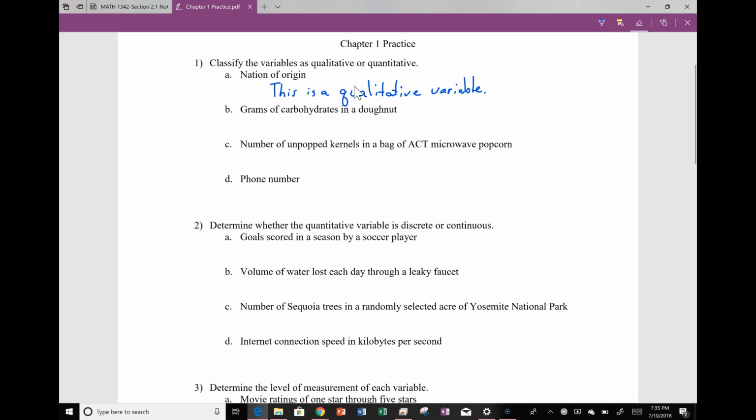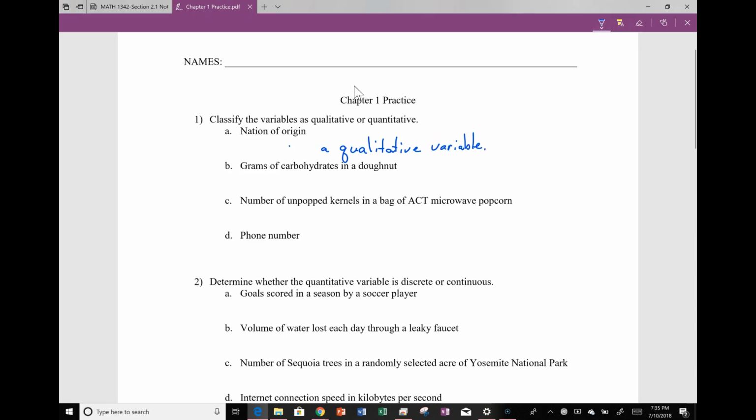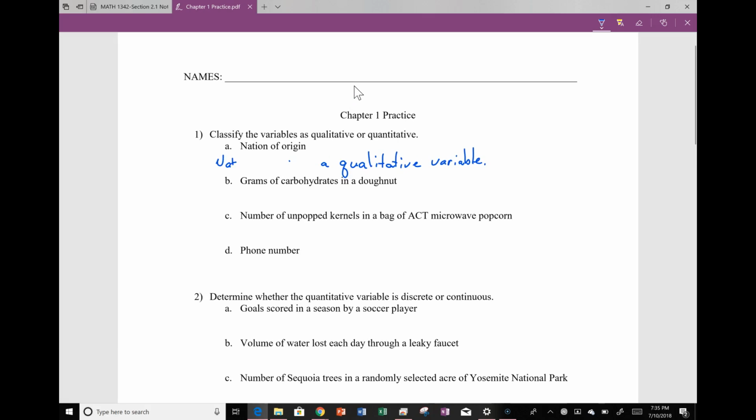In all actuality, if I wanted to be more specific for, say, my supervisor or something along those lines, what I could do is say that nation of origin is a qualitative variable. This really describes it. I apologize, I squinched that up a little bit. I'll do better on the next ones.